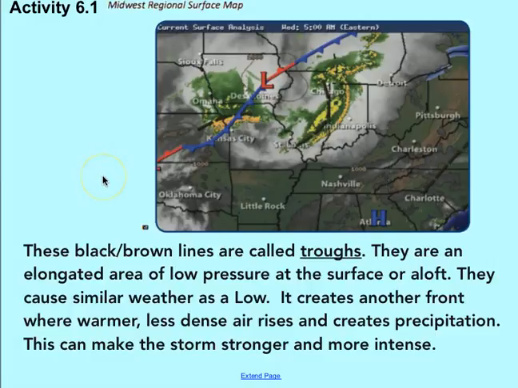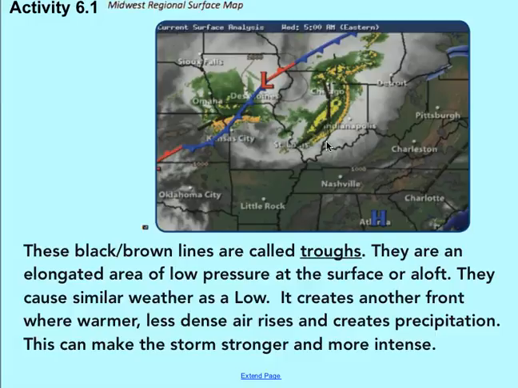They actually cause similar weather as a low pressure system. I think the other day I thought they were similar to a warm front, but I was wrong. I misspoke. They're actually similar to a low, and here you see a low here. So it's just saying that this low system is elongated. It's a little bit larger than possibly normal. And so it creates another front where warmer, less dense air rises and creates precipitation.